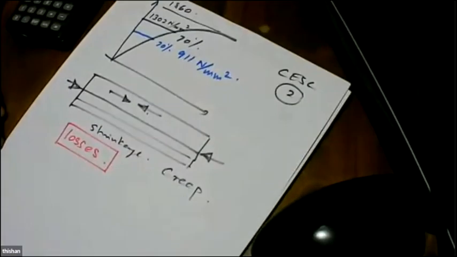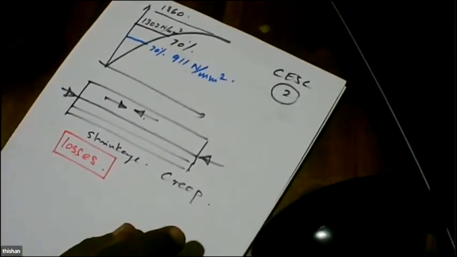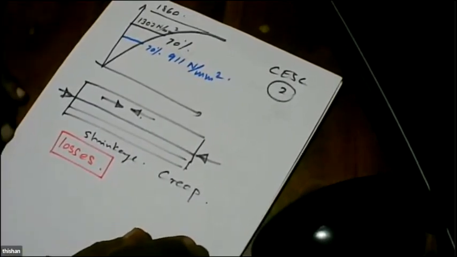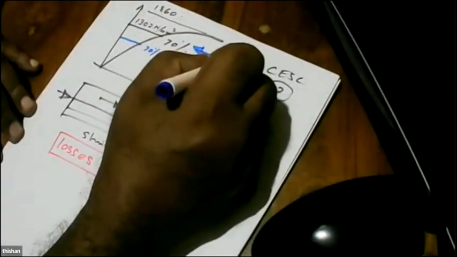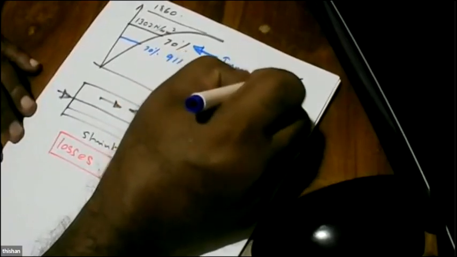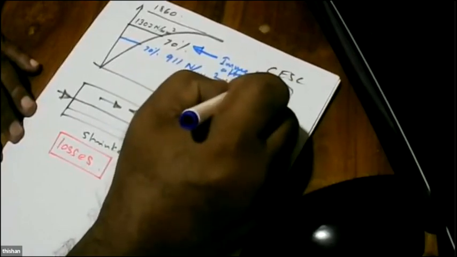So the stress in the steel is about 911 megapascal, right? Because of that reason, if a pre-stressed concrete member is going to fail, the most likely point that it can fail is here, that means immediately after the application of stress.